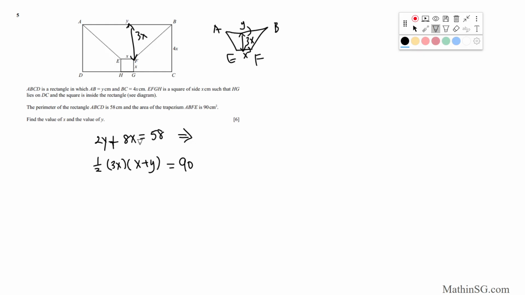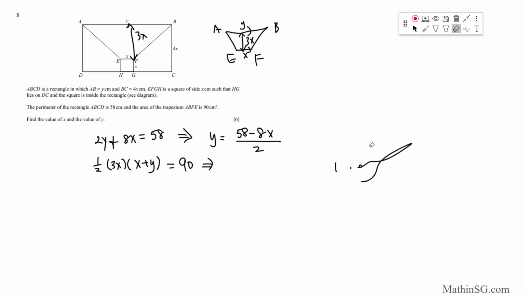Did they say cannot use GC? No, they did not. That's great. So what I'll do is I'll just write y equals 58 minus 8x over 2. Then for this one I'll times 2 over 180.